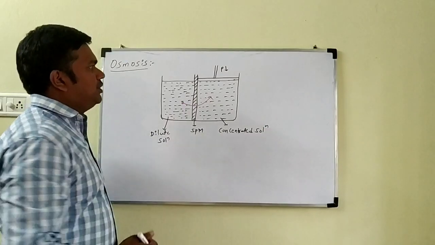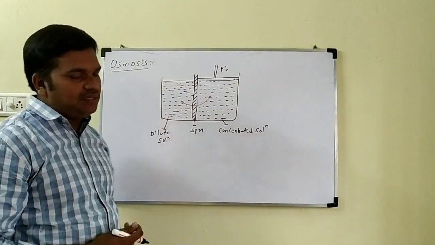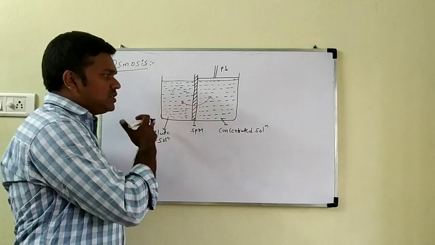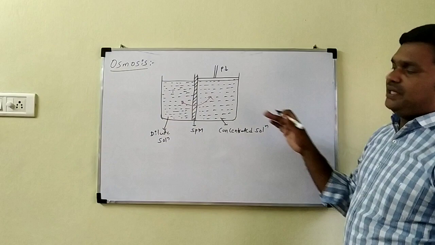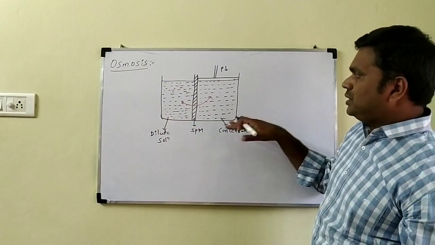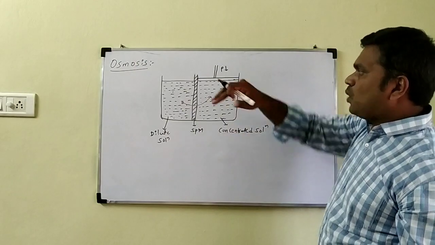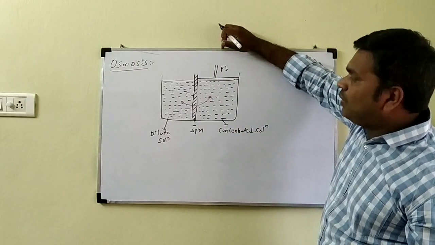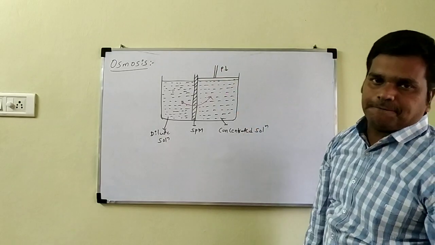Now you can see this one. For the container, I am applying some pressure. Why? When the solvent molecules flow continuously, the volume of the concentrated solution increases. Now I want to use a piston to apply some pressure on it.